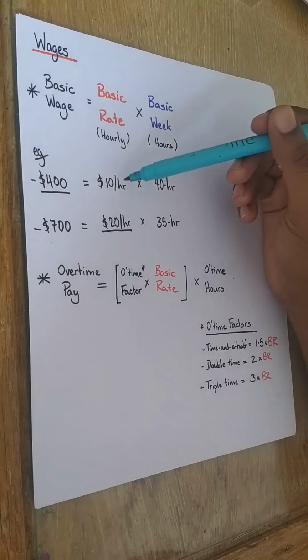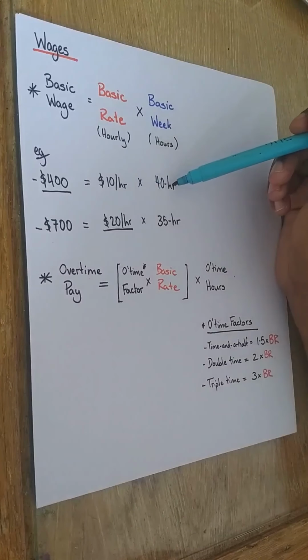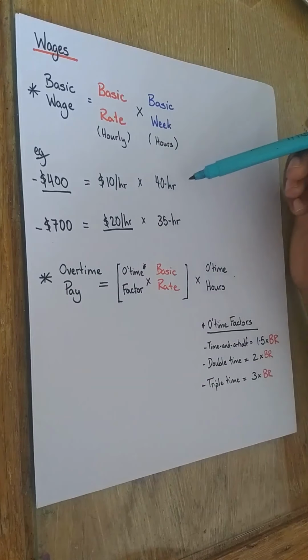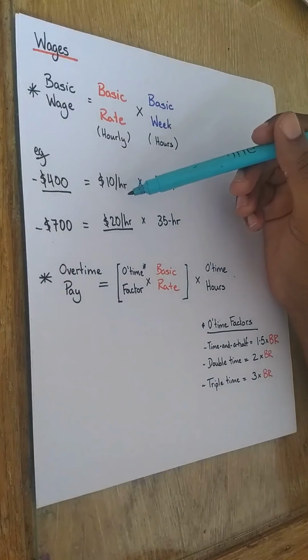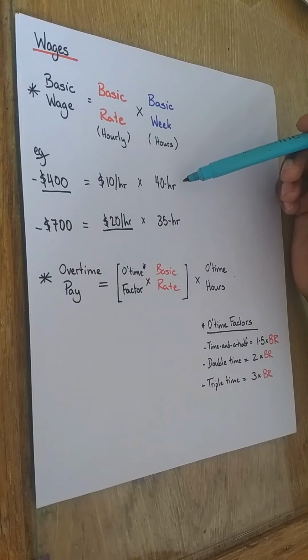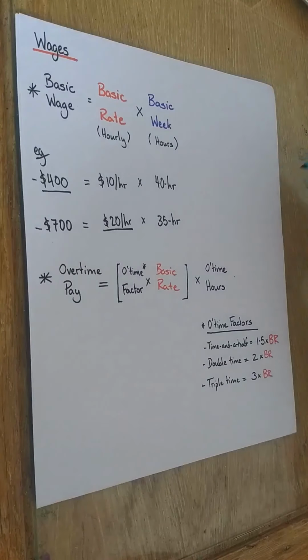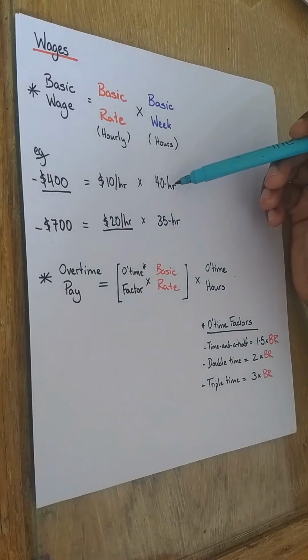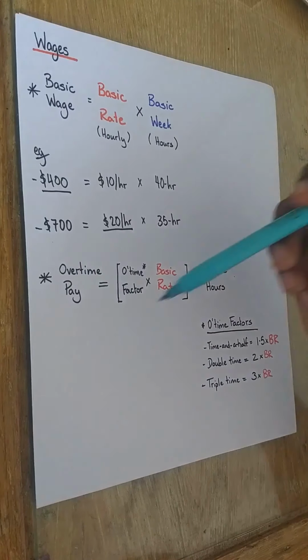In other words, if you would normally work $10 per hour during your 40-hour week, any hours you work overtime might be paid for at $15 an hour or $20 an hour for the particular hours that you are working outside of that 40-hour week.